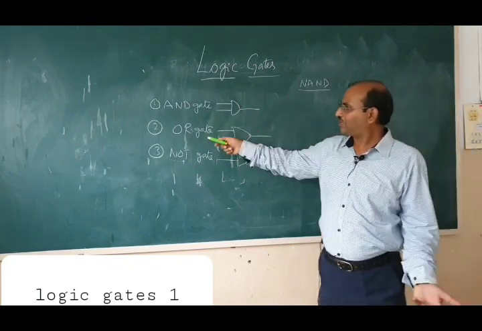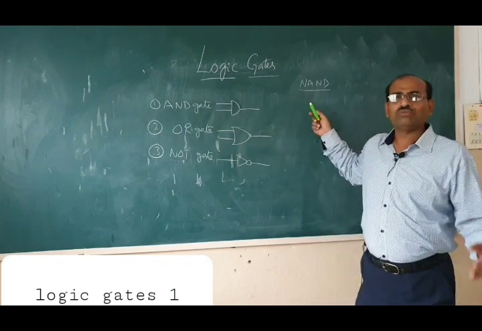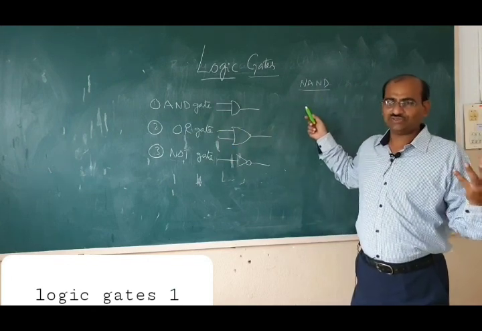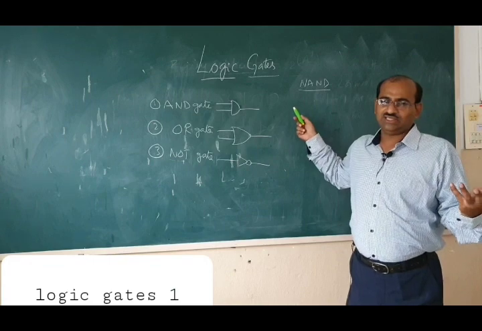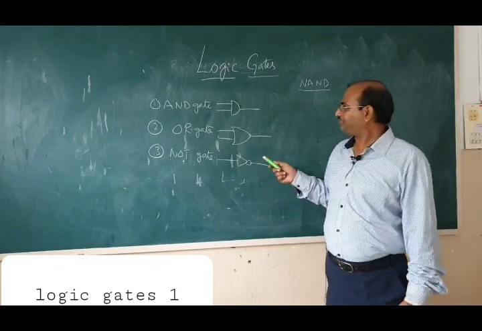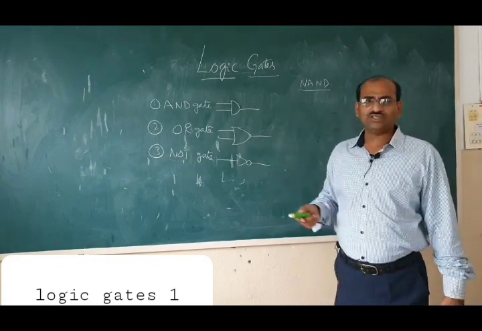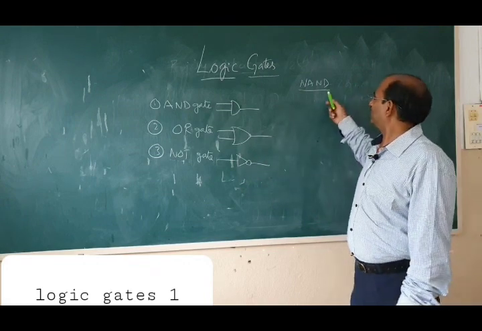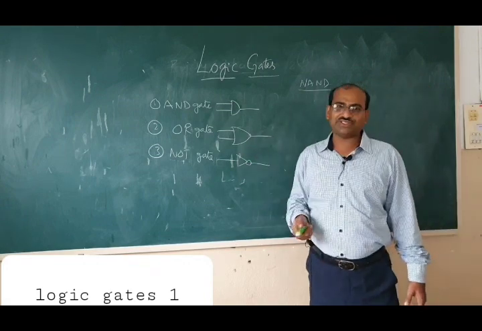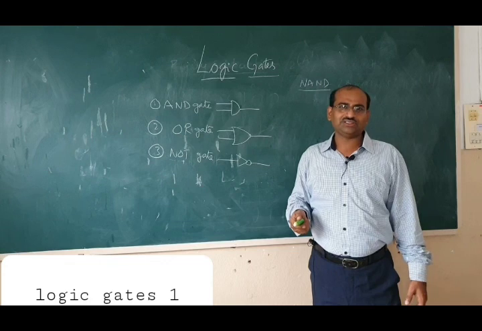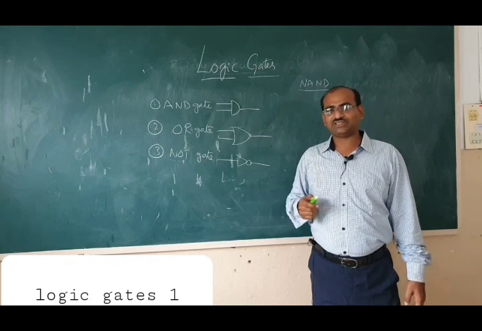Maybe for OR logic you may use more than one NAND gate, three or four NAND gates. Then the question arises: sir, for OR we are using a single OR gate, and now you are saying that instead of OR we will use NAND, but you are using three NAND gates.